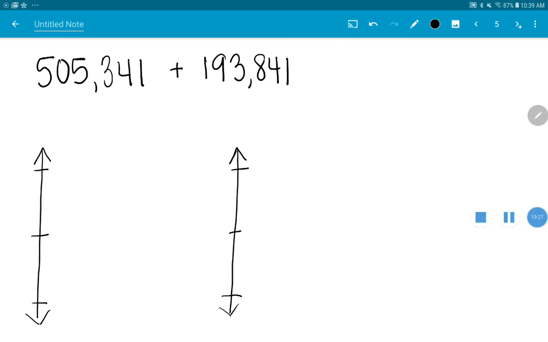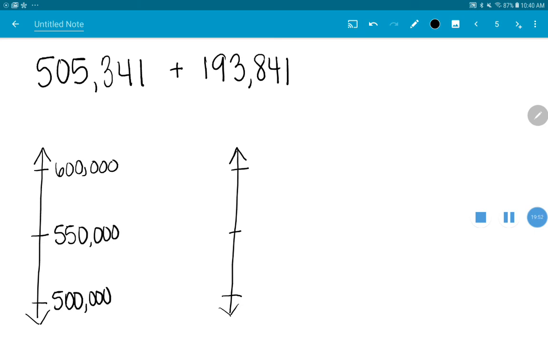How many 100,000s are there in 505,341? 500,000. What's 100,000 more? 600,000. What's halfway between 500,000 and 600,000? 550,000.